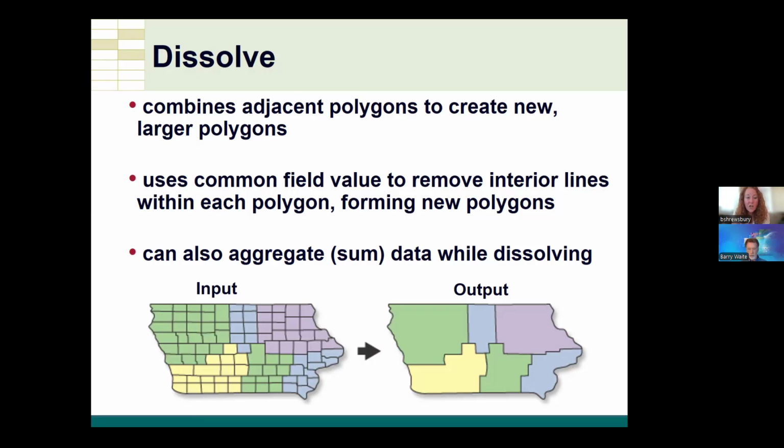You can show it the way it looks on the left, but that's a lot of boundaries distracting from what you're trying to talk about. So what you can do is a dissolve, where you tell it, take all of the things that are the same value and put them together. Let's take this northeast one, this purple guy. It takes that and puts it all into one polygon, and now you just have the outline around the larger polygon.